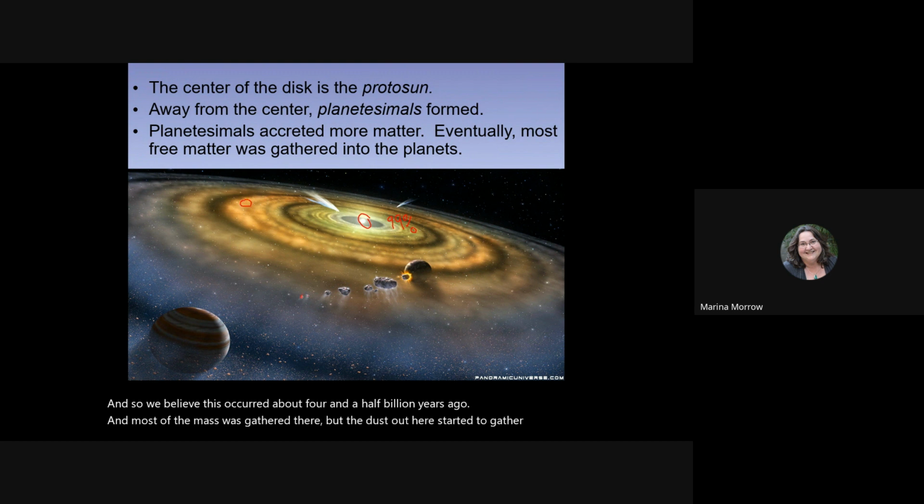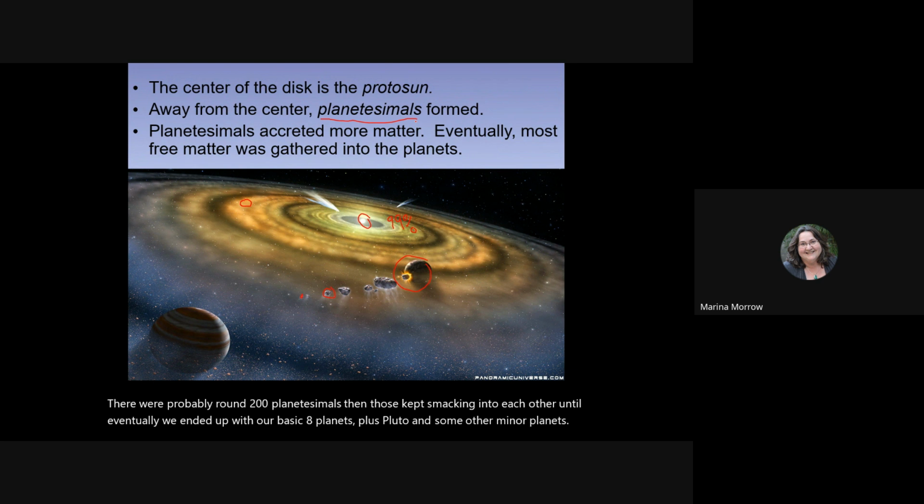Little pieces bumped into each other, became small rocks. Those small rocks collided into other small rocks. Eventually, they created small planets, or planetesimals. There were probably around 200 planetesimals. Then those kept smacking into each other until eventually we ended up with our basic 8 planets, plus Pluto and some other minor planets.